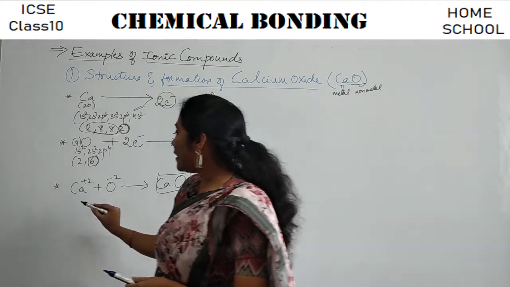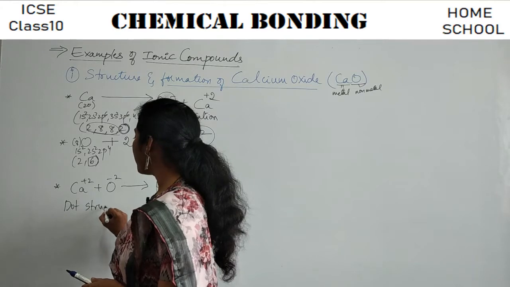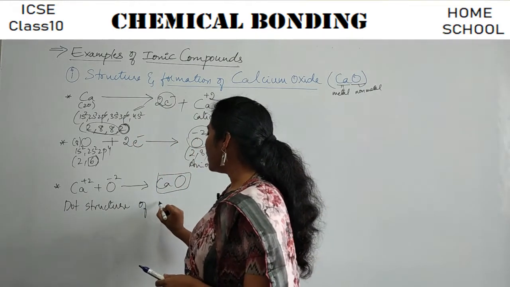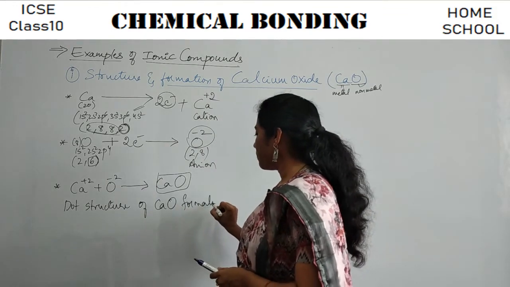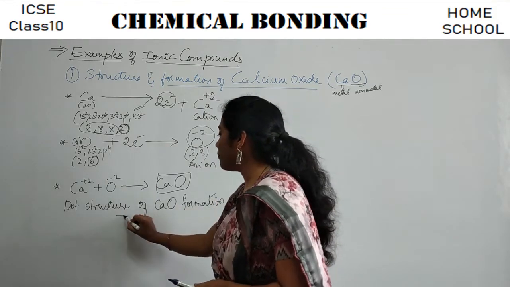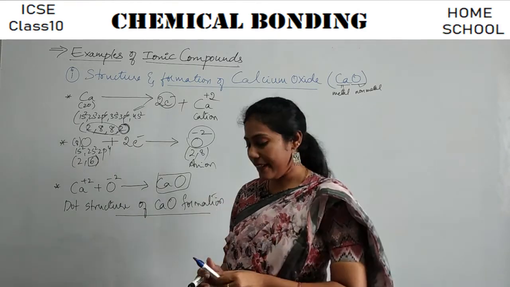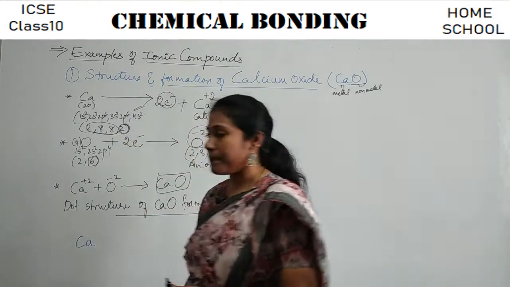And now let us talk about the dot structure of calcium oxide formation. Okay, fine. So we all know how to put the dot structure, right? So first you have to indicate the dot structure of calcium.